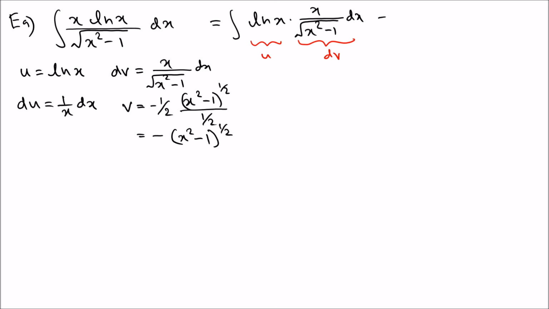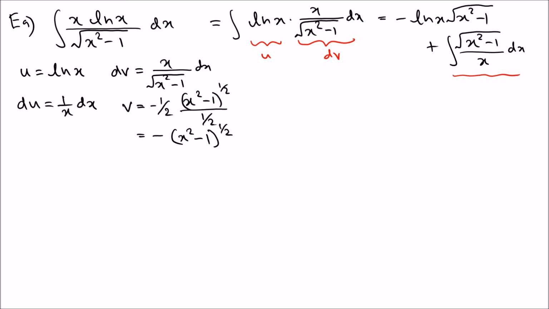It is uv, so we multiply the two: negative ln x times the square root of x squared minus 1, and then positive v du. v du means the square root of x squared minus 1 over x, and this second integral we already did, so we know the answer for that and can put it there.